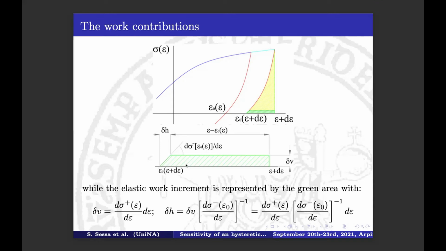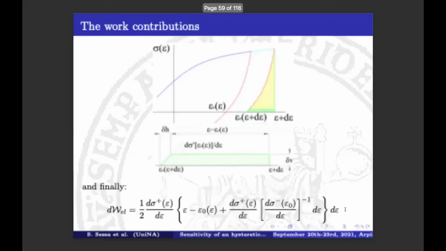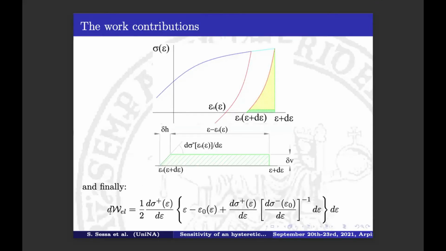So we can estimate the green area by considering this height here of the trapezoidal area. This is just a derivative exercise, but we can get these two quantities as a function of the linearized stress-strain relationship. And in this case, we have the increment of elastic work so that we can make the difference.